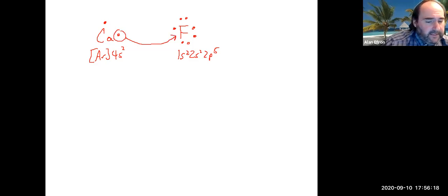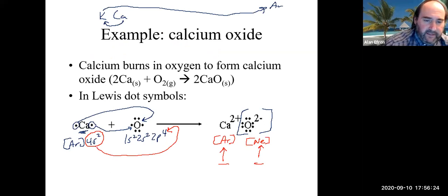But the problem is what we were just talking about. If calcium only loses 1 electron, like we saw on the previous page, he's now only moved to potassium's configuration. And alkali metal configuration doesn't have as nice a ring as noble gas configuration, right? So he still needs to lose one more electron.